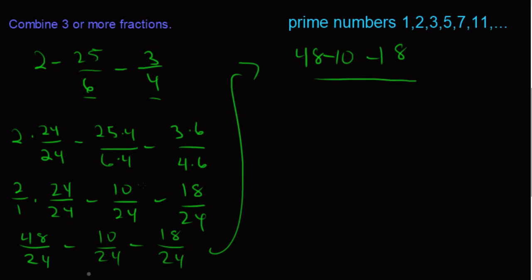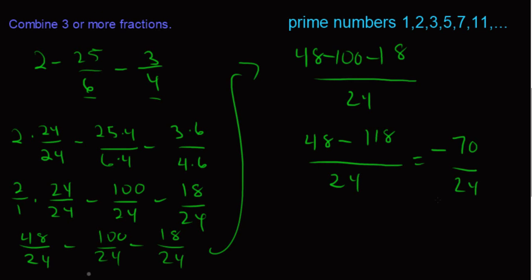I've been saying 10. That's 100. So 48 minus 118 over 24. 48 minus 118 is minus 70 over 24.